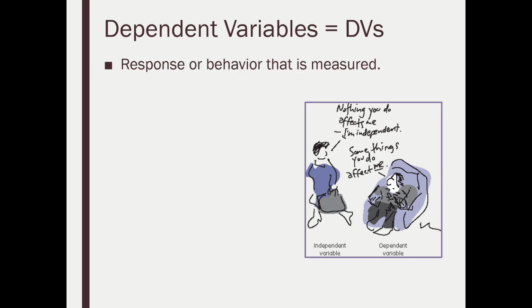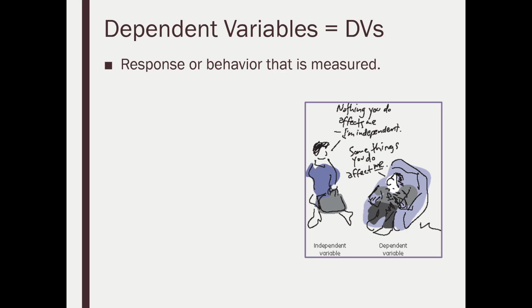I have a little cartoon I wanted to show you. So the independent variable says, nothing you do affects me. I'm independent. And the dependent variable goes, well, some things you do affect me, right? The idea with a dependent variable, the reason why it's called that, is that the individual's score on the dependent variable should depend on whether they experience the experimental or the control condition, right?